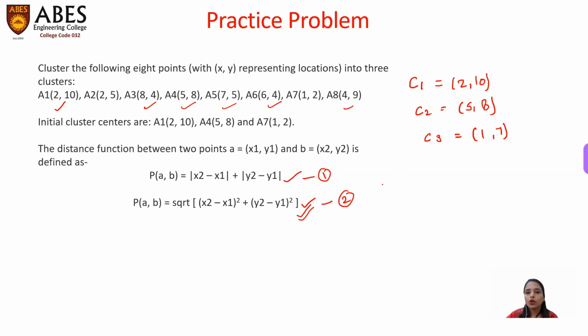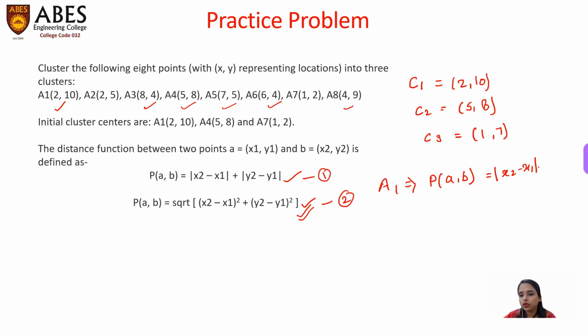Okay. So for the first data point A1, we will calculate the distance to the cluster center C1. What we need to do is take the absolute value of x2 minus x1.